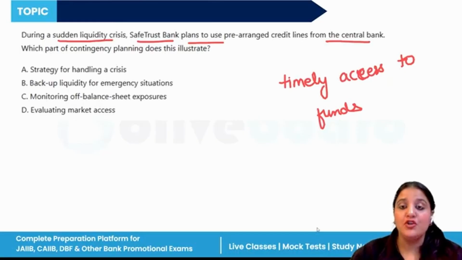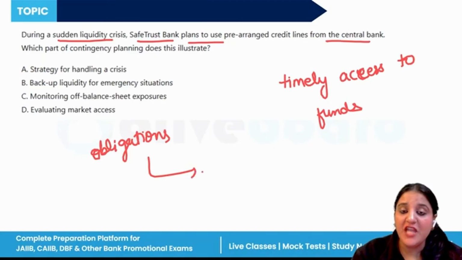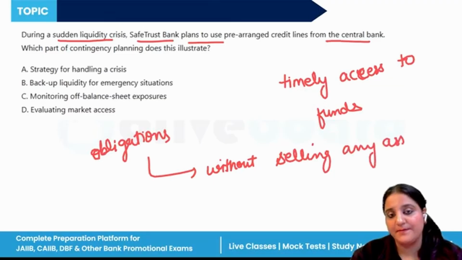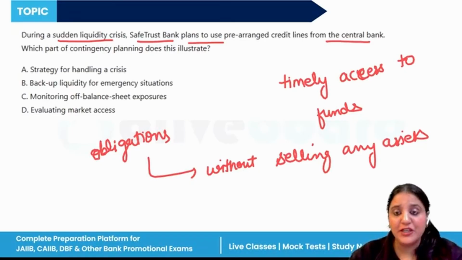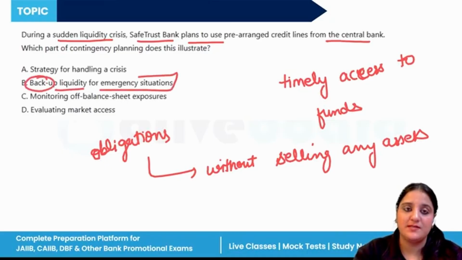That ensures meeting the obligations without selling any assets, right? The strategy for handling a crisis is broader and includes coordination, responsibilities, and communication. So contingency is like a backup liquidity for emergency situations. So that's why option B is correct here.